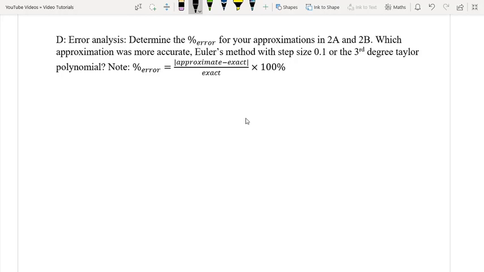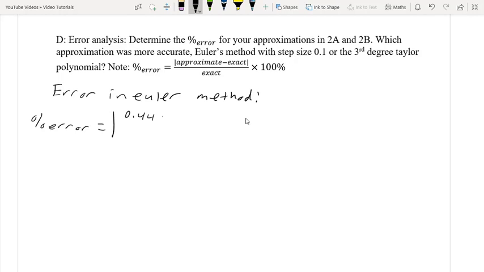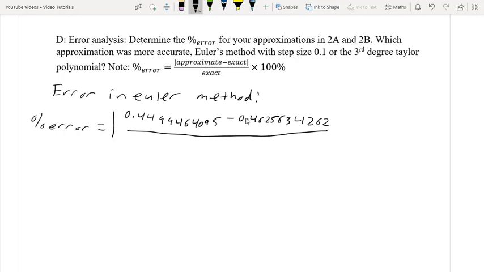So first I'll do the error in the Euler method. The percent error is going to be equal to 0.4499464095 minus 0.4625634262, divided by just the exact answer there, 0.4625634262, times 100%.